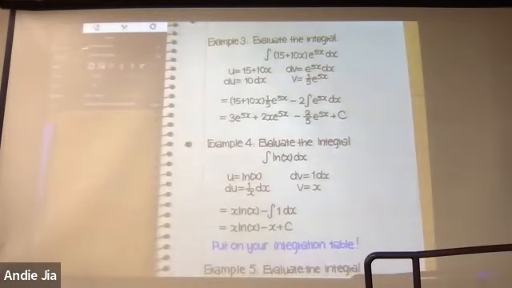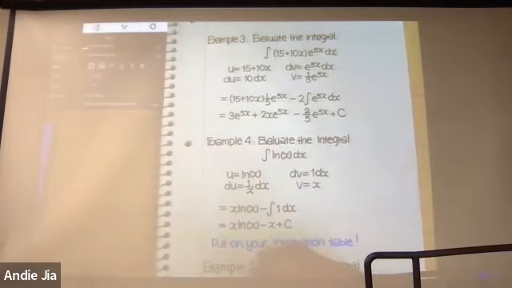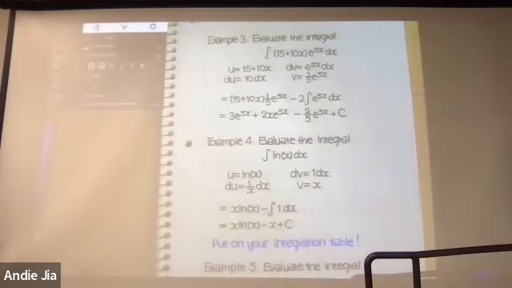Moving to the integral of x cubed times natural log x dx.